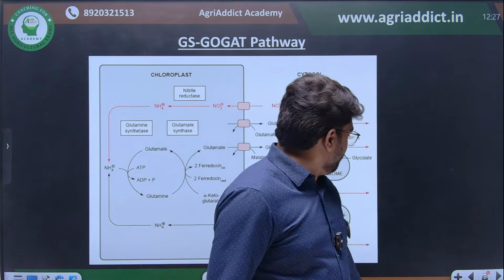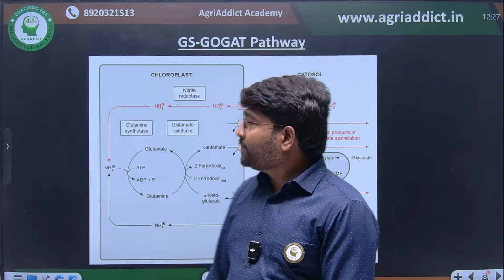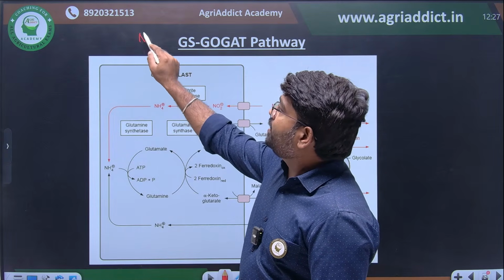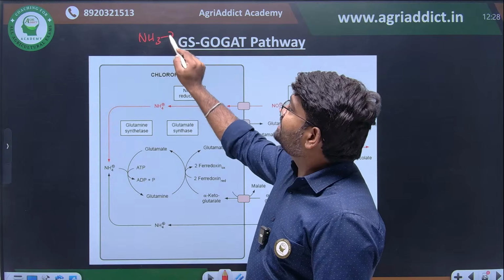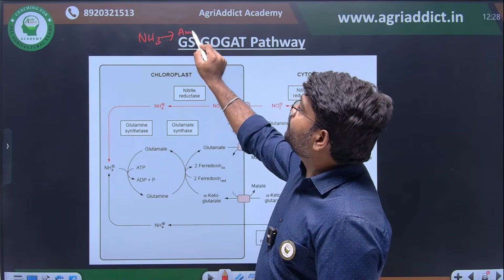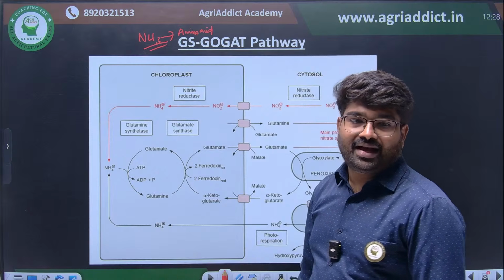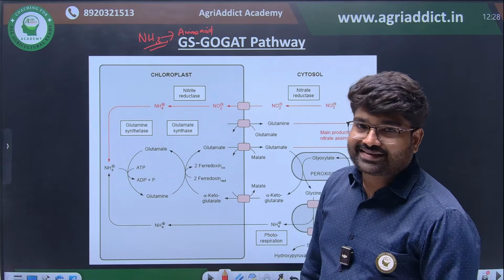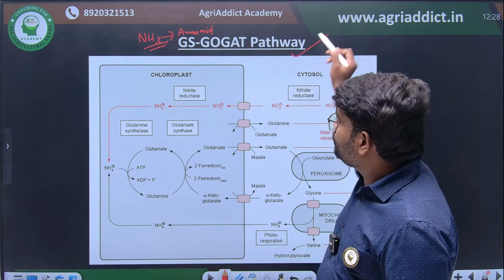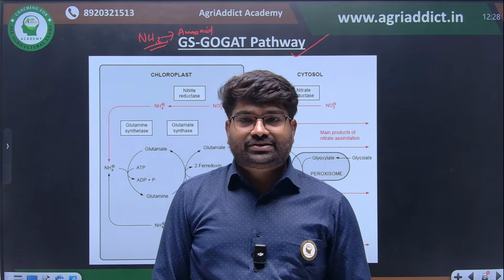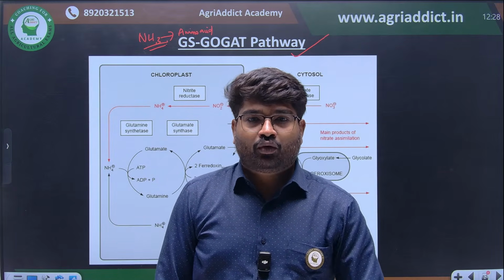Now we are going to see, if nitrate is converted into nitrite, and nitrite is converted into ammonia, how is this ammonia incorporated or converted into amino acid? This will be done by ammonia assimilation. Ammonia assimilation will be done by the GS-GOGAT pathway. Here we are going to see what is GS.